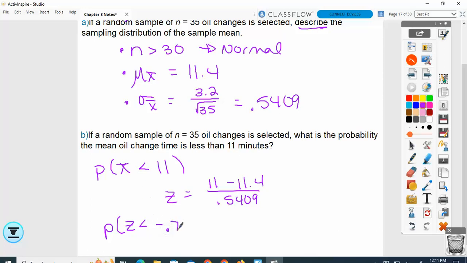That's a -0.74. Less than is what our table tells us, so we look up a negative 0.74. 0.2297.